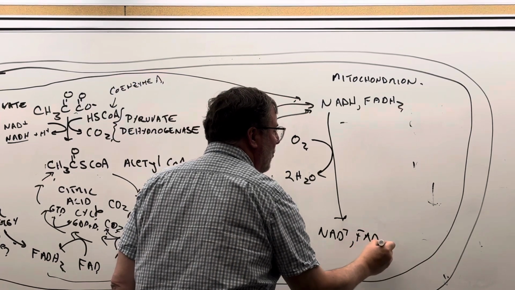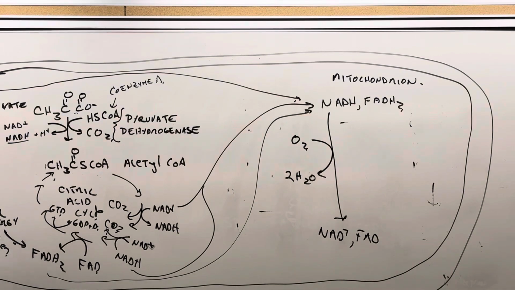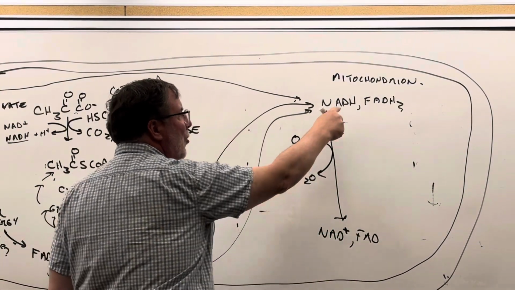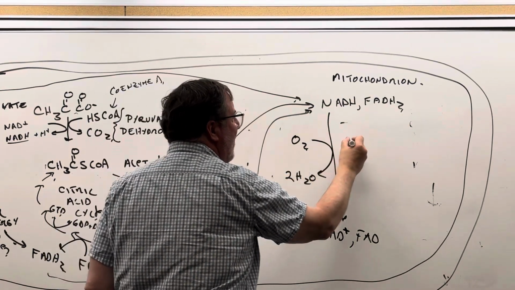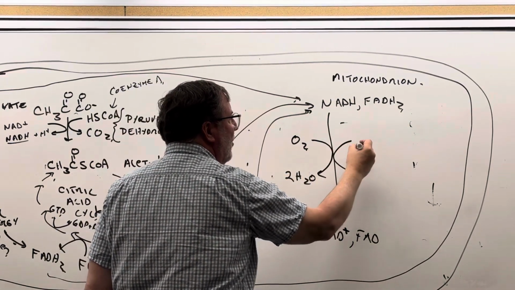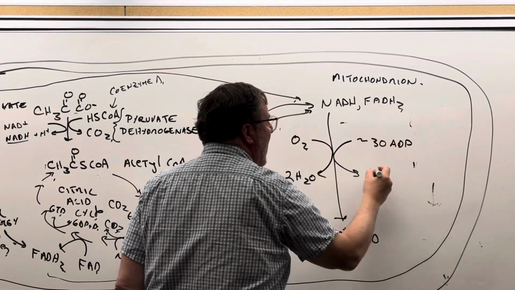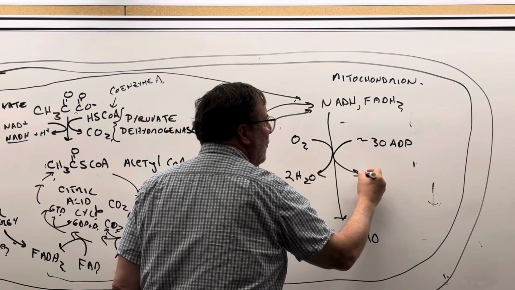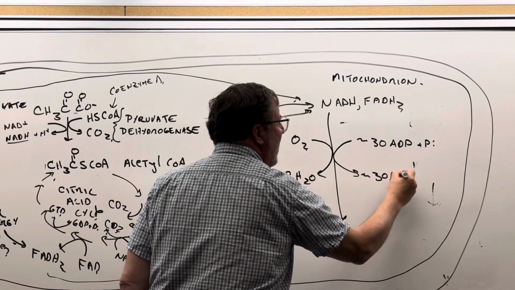And we go back to our NAD plus FAD, our oxidized version of these high energy carriers. So those electrons that are in there get coupled to water, and in the process, we couple that in a process called oxidative phosphorylation to 30 ATP.